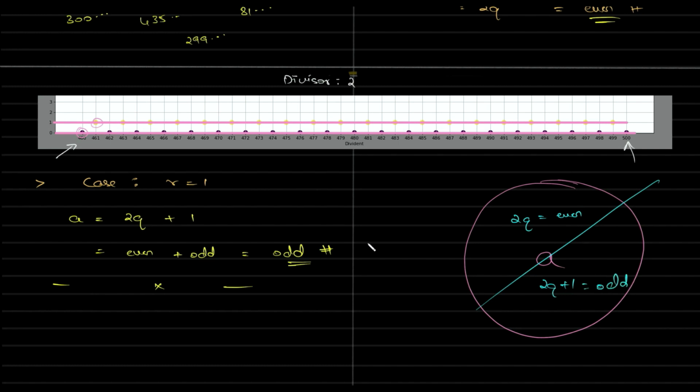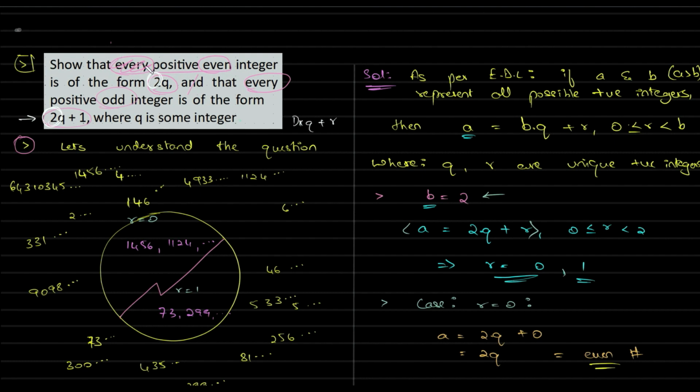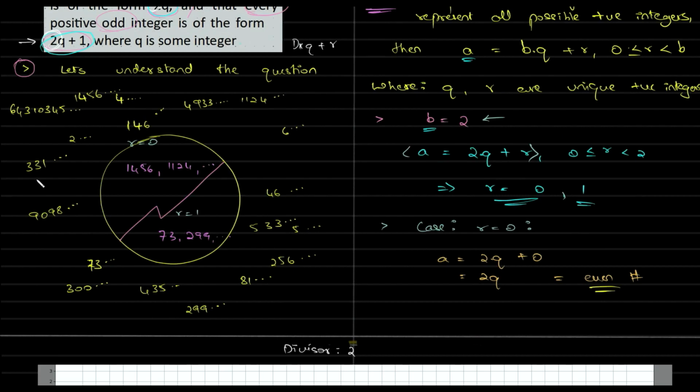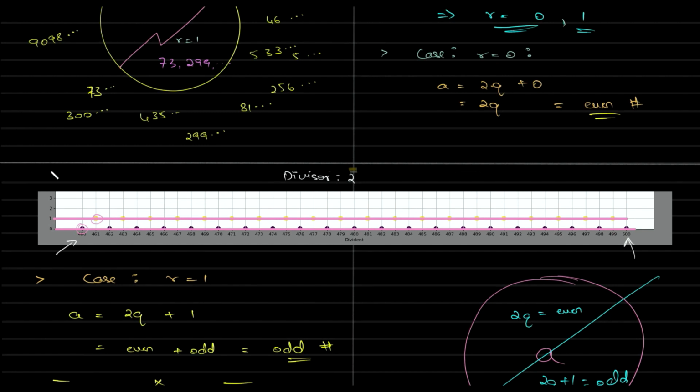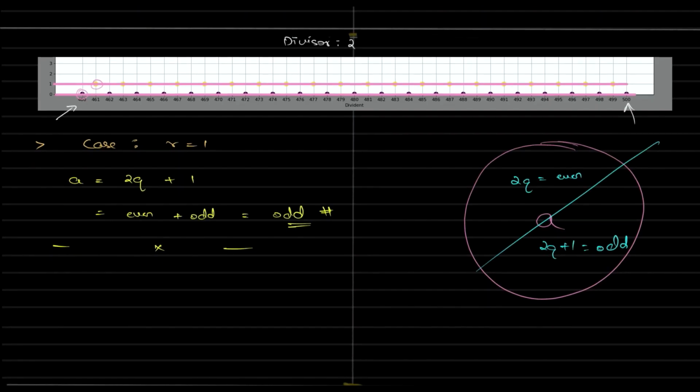And thus we showed that every positive even integer is of the form 2q and every odd integer is of the form 2q plus 1, right? You got it? So if you're still feeling a bit weird about this, you see a few more questions and you'll get it.